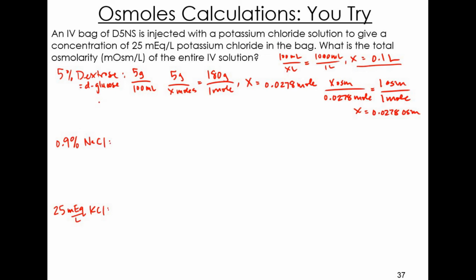All right, and then the last thing is, if we have 0.0278 osmoles, how many milliosmoles is that? If one osmole is 1,000 milliosmoles. So X here is 27.8 milliosmoles.